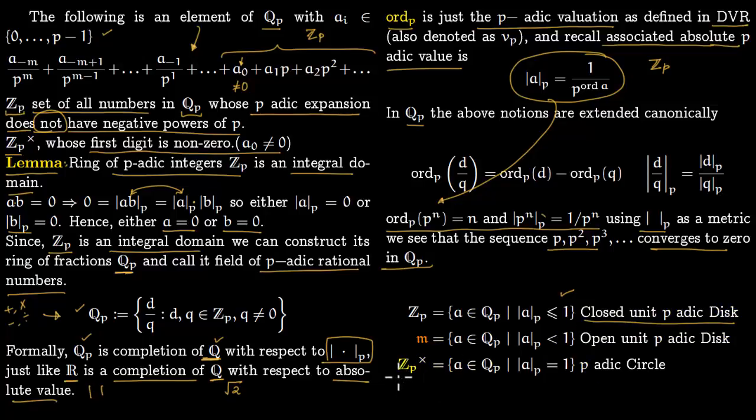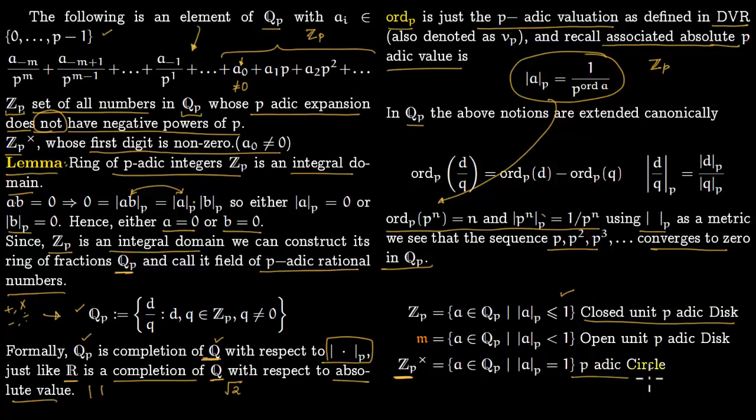Now units, we are calling these those whose first digit is non-zero. So if you take the valuation of this, it is just going to be p to the power of 0, so just give you 1 because this is not divisible by p. So the order is just going to be 0. So p to the order would be 1 over p to the 0, which will give you 1.